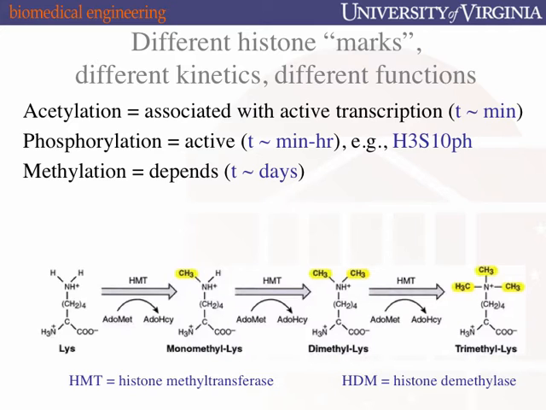All these enzymes are pretty self-explanatory, as is the reverse reaction, where you have dedicated histone demethylases that will reverse modifications. So you can go to the right or you can go back to the left. And you can go progressively to higher and higher levels of methylation, up until all of the hydrogens on that primary amine have been methylated.